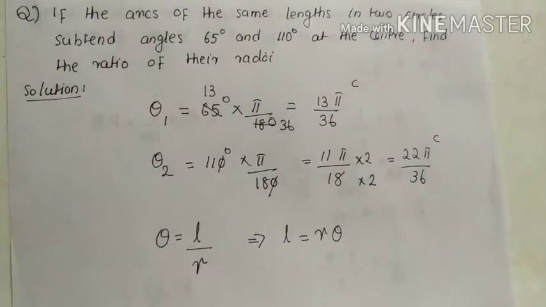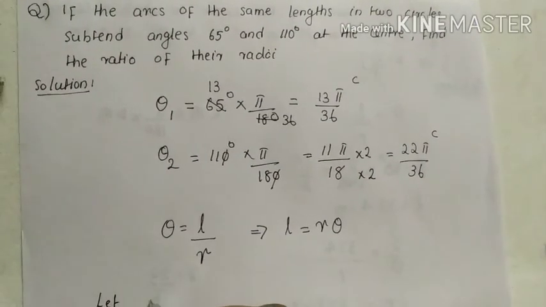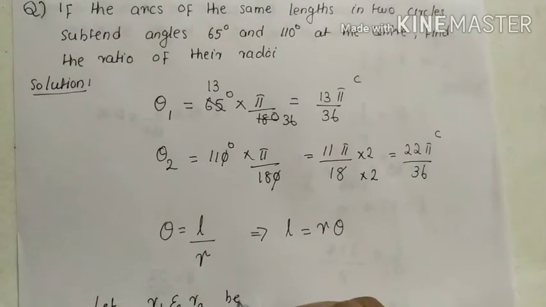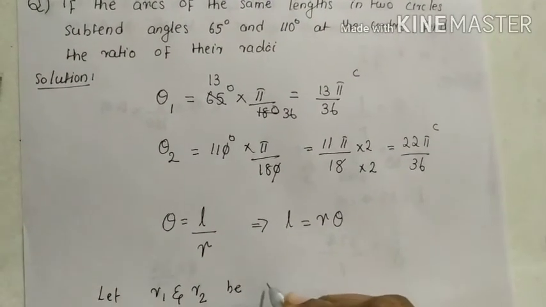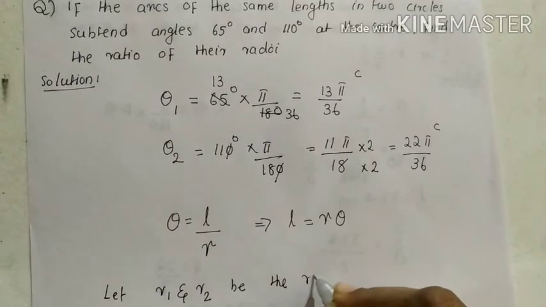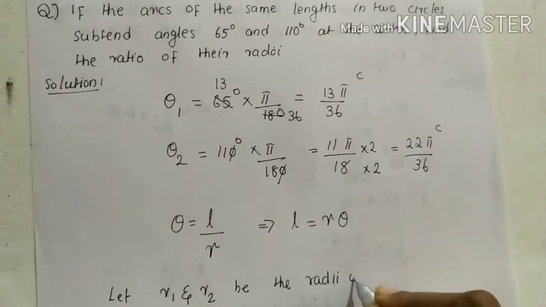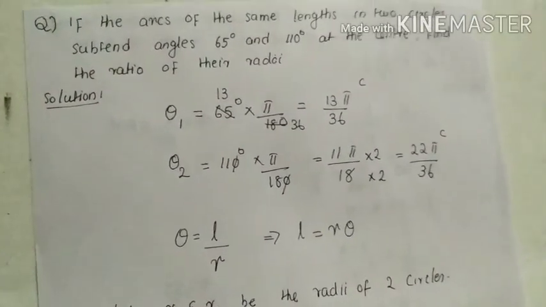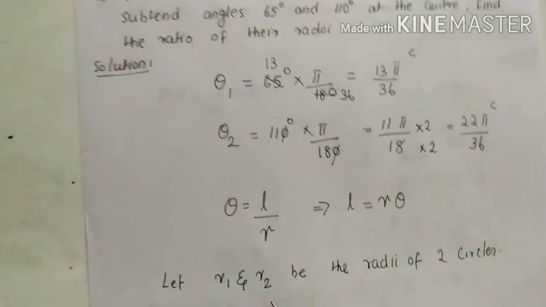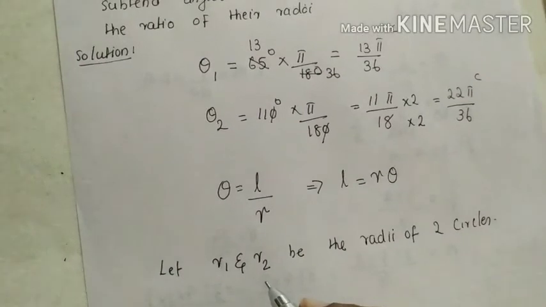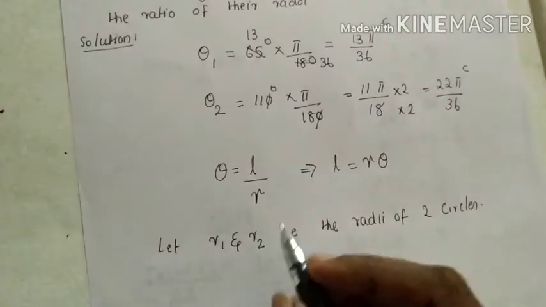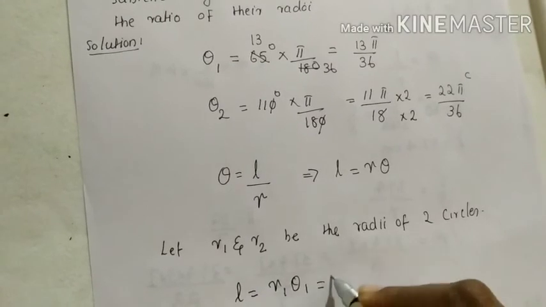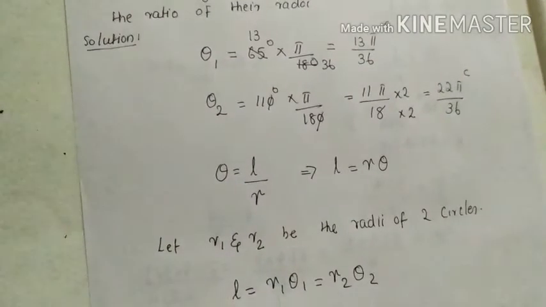So here let R1 and R2 be radii of two circles. Let L be the length of each of the arc, then L equal to R1 theta 1 equal to R2 theta 2.